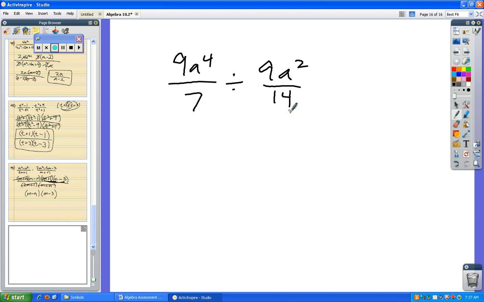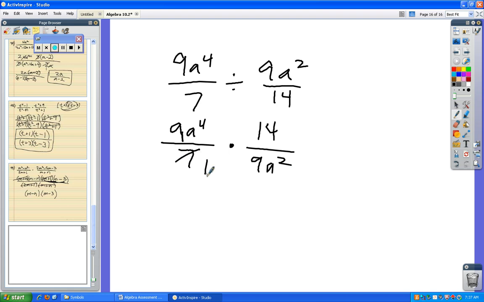When you divide fractions, that one extra step is the reciprocal. Whatever is after the divide sign, you just flip it over. So that stays the same. When you flip it over, it changes to multiply: 14 over 9a to the 2nd. And then we are back to doing 10-2. Write it out, cancel, and then that's it.